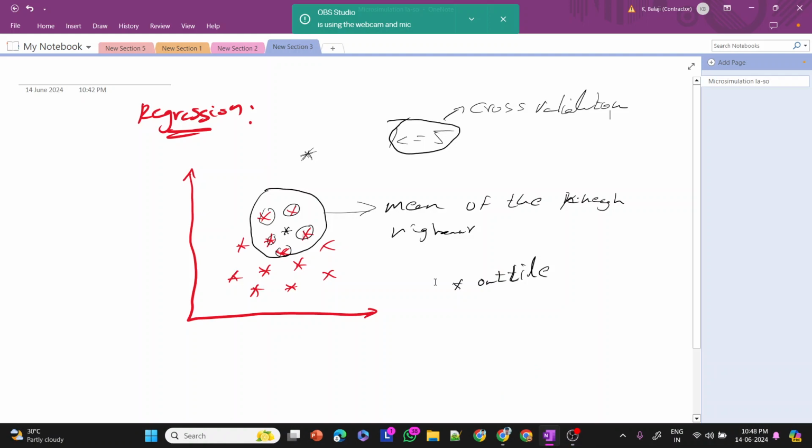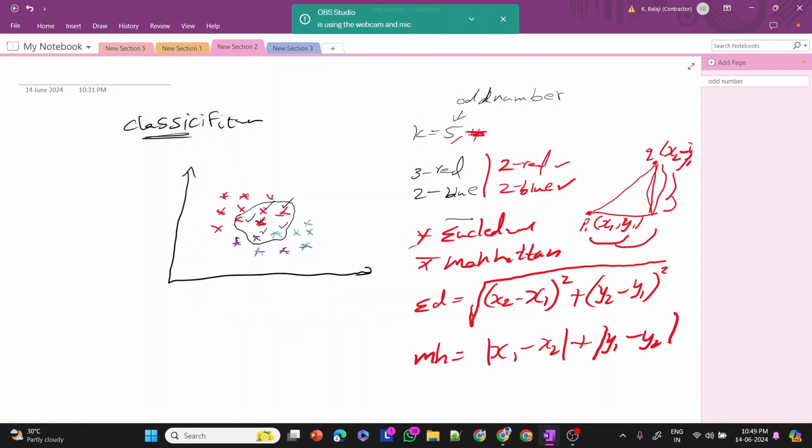Okay, then this algorithm is an instance based learning. KNN stores all the available data and classifies a new data point based on similarity measures. Similarity measures here means we use Euclidean or Manhattan distance, these two distance formulas, and we simply classify the output.